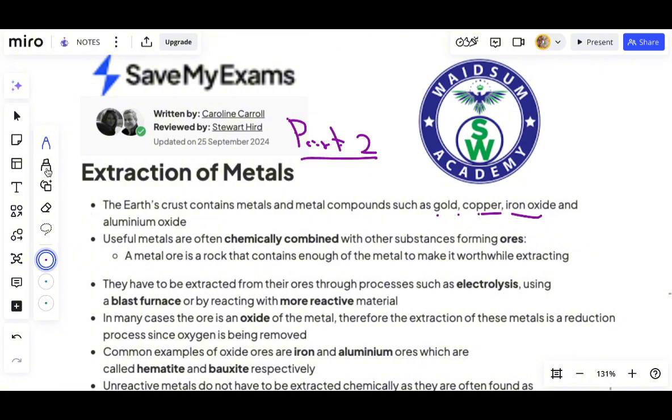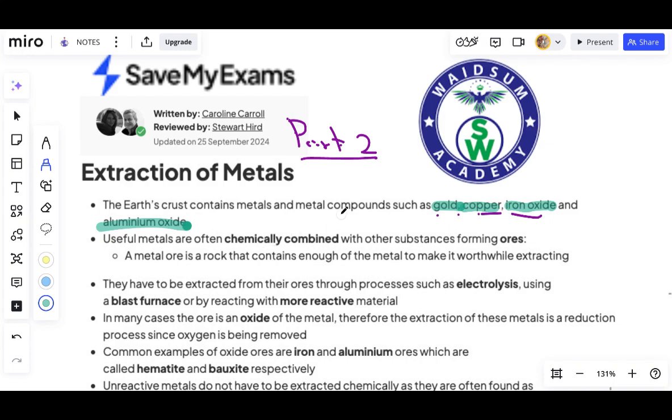We have copper, we have gold, we have iron 3 oxide, which is the ore of iron, and we have aluminum oxide. These ones, especially iron oxide and aluminum oxide, are the ones we want to focus on for this class.